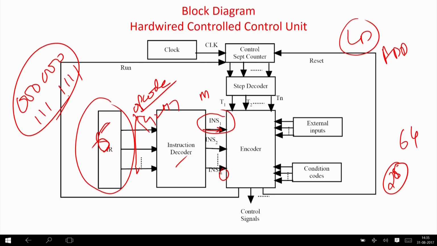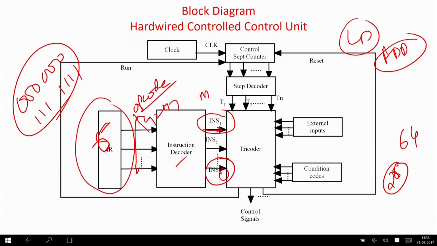Maybe 1 1 1 1 1 1 is the opcode for the add instruction. Whenever the IR gives the value 1 1 1 1 1 1, when it goes to the instruction decoder, it will make INS M equal to 1. Then INS M equal to 1, this bit goes to the encoder, and it will activate the finite state machine which corresponds to the micro instruction implementation for the add instruction.